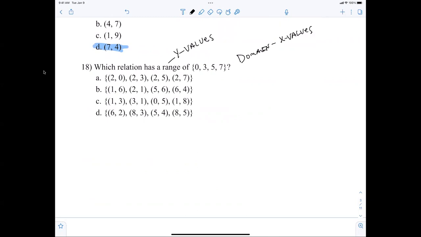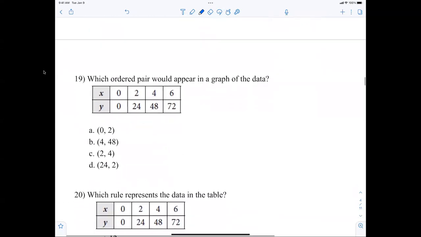All right, domain comes before range, X comes before Y. Domain is associated with the X values, range is the Y values. So the Y value is 0, 3, 5, 7. So that was pretty easy. A. Everybody's good with that? Yeah. All right, flip the page.